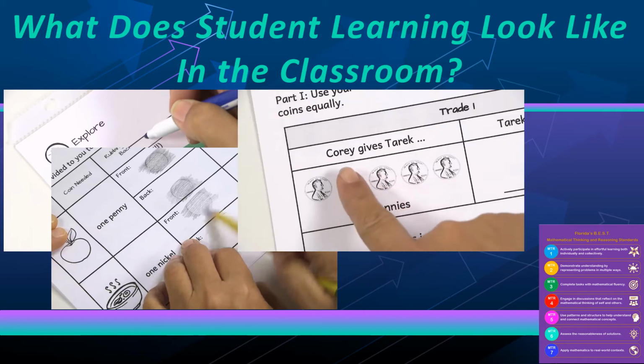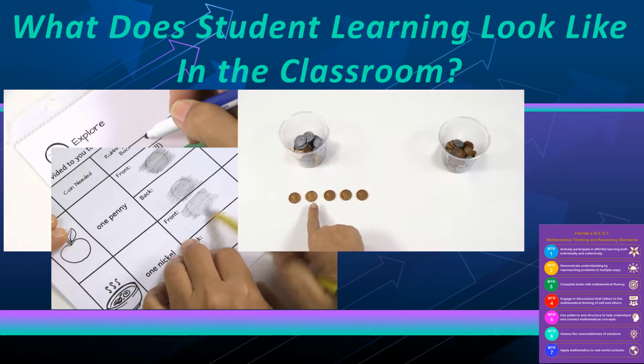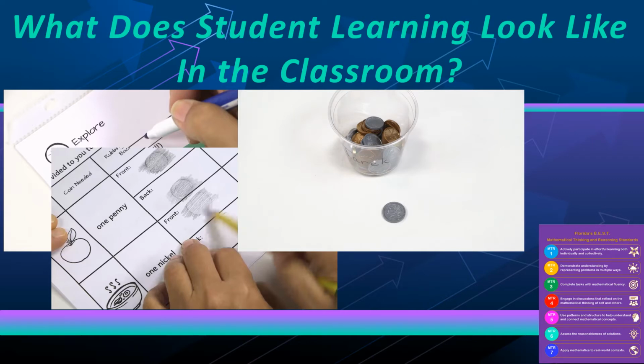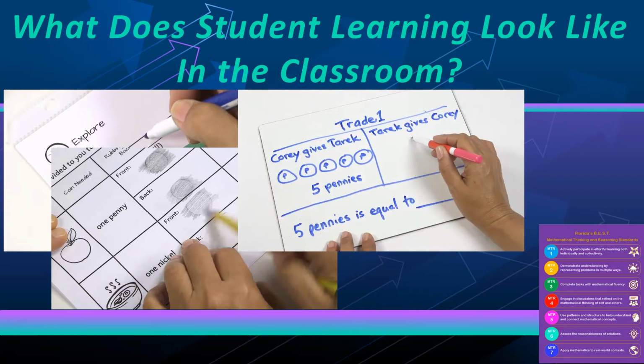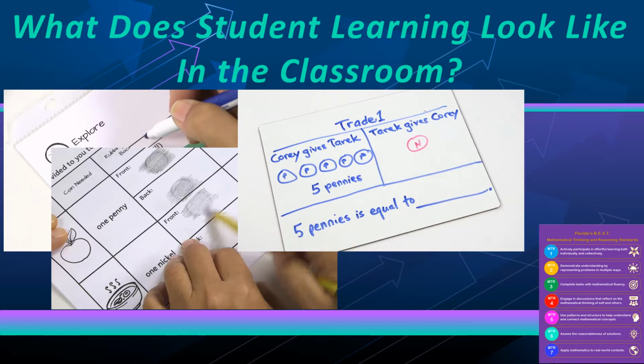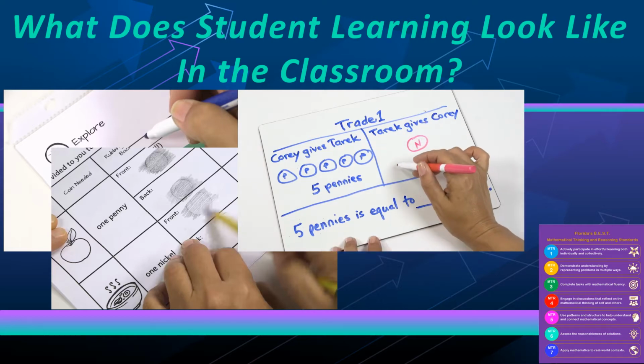In Explore 3, students will identify the relationship between coins, and they will trade coins for coins of equal value. They will also determine how many of each coin is needed to equal $1. For example, 10 dimes is the same as $1.